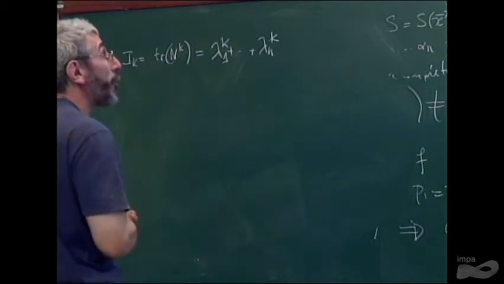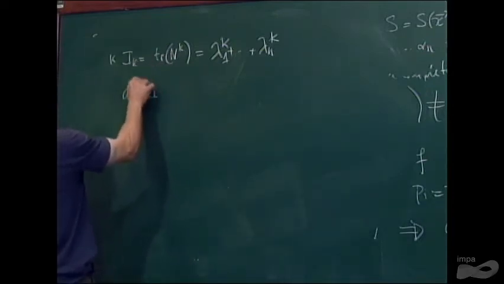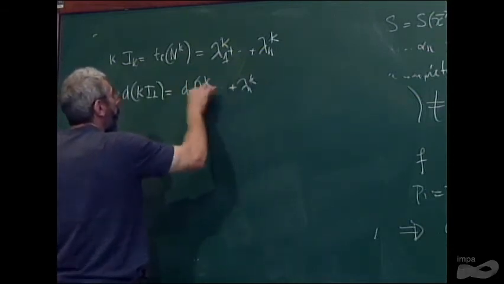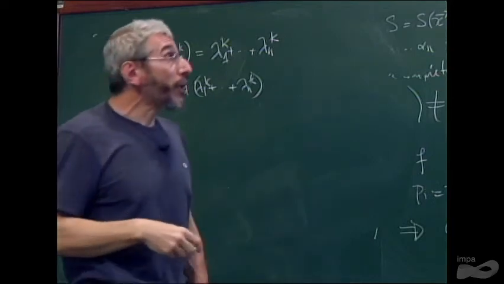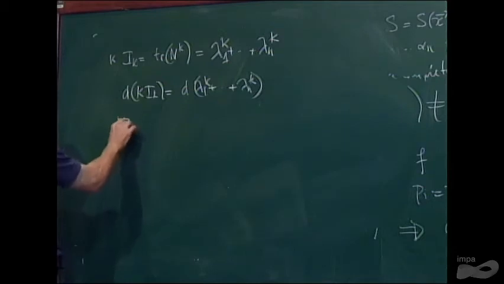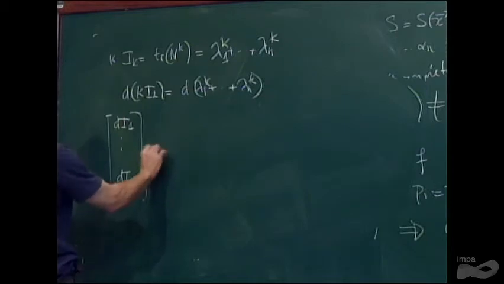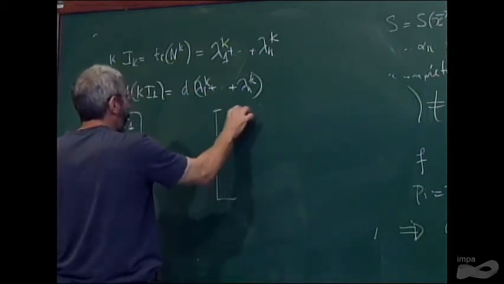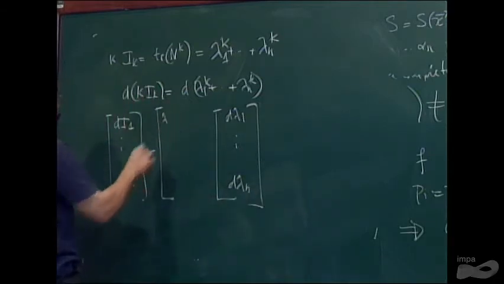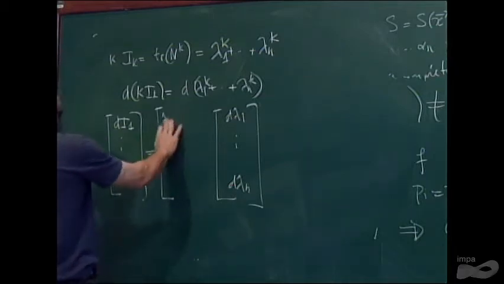So you can take this relation here, and you can take the differential of this relation, and then doing a little computation, in principle, you prove that the differential of the functions I and the differential of the function lambda are related in this way.